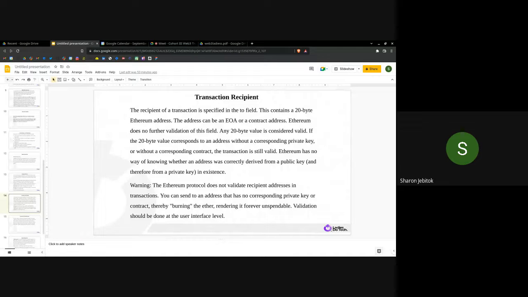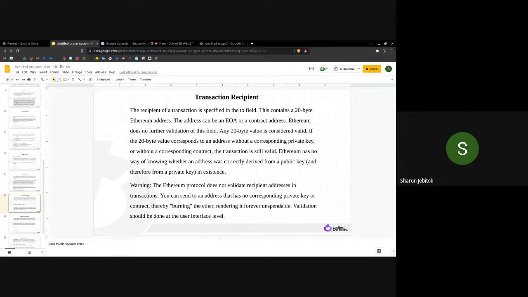So Ethereum does no further validation of this field. When you want to send someone something, you have to be sure when you're entering their address. Any 20-byte value is considered valid.